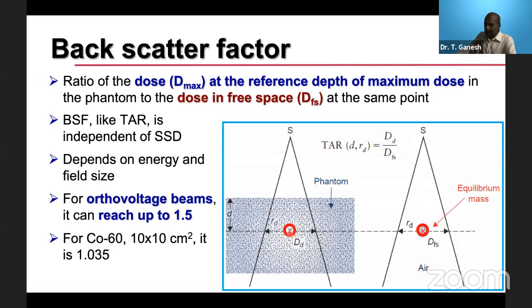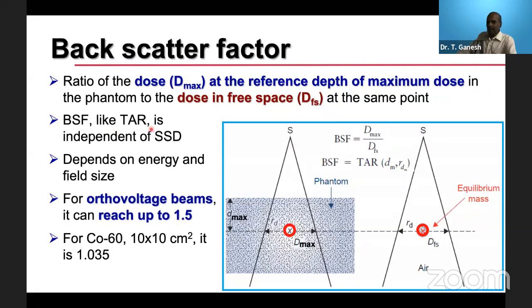But when this depth is at D max, then tissue air ratio becomes the backscatter factor. So backscatter factor is equal to dose at D max divided by dose in free space, both at the same point. Or BSF is nothing but a tissue air ratio at the maximum dose depth.